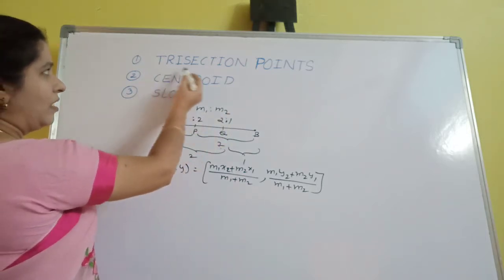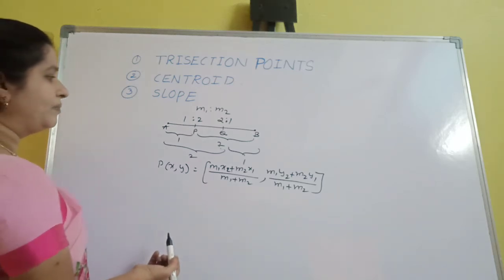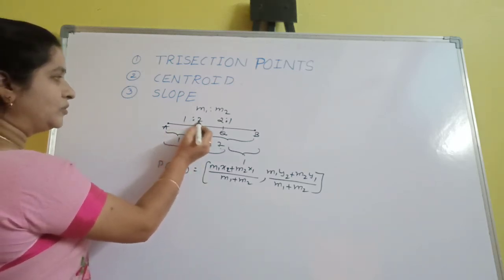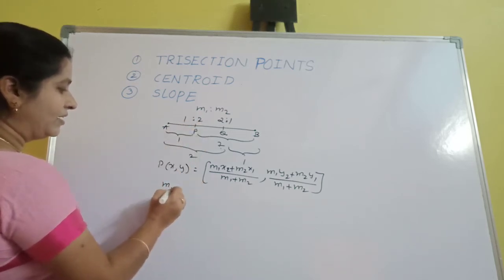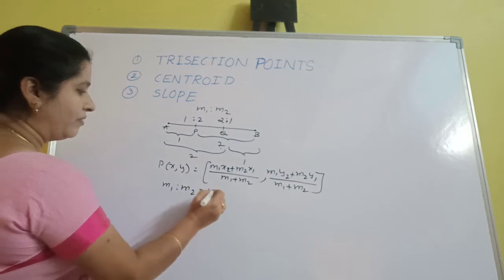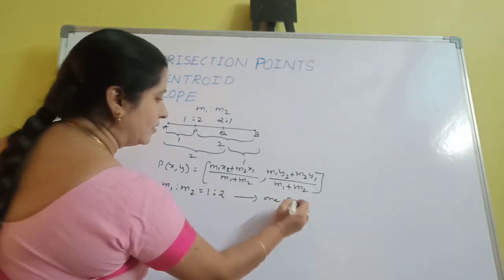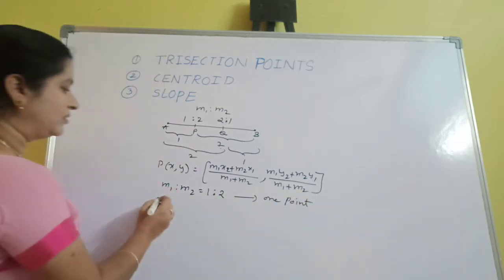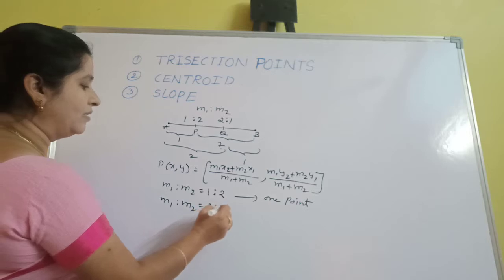So how can you find the trisection points of a line? It is also very simple. First you take 1:2 ratio, here m1:m2 equal to 1:2. You get one point. Again you substitute the values with m1:m2 equal to 2:1.